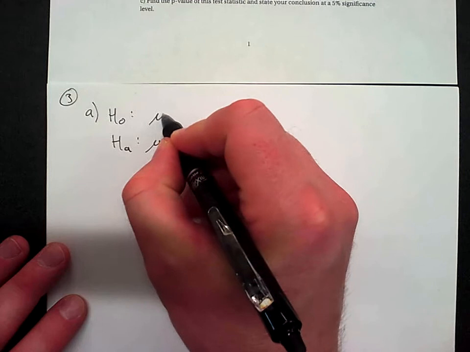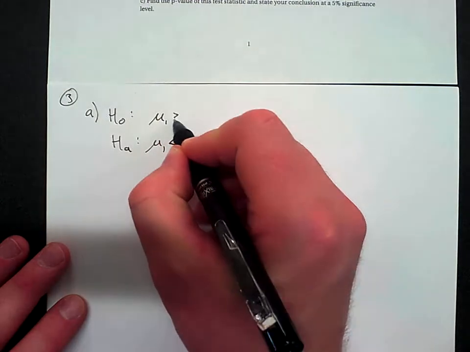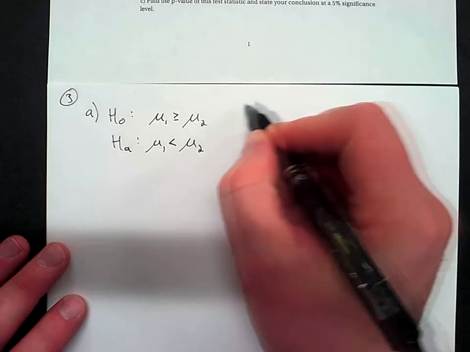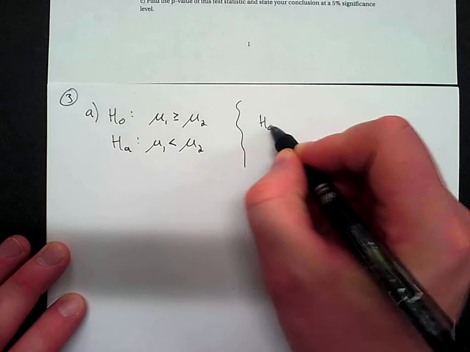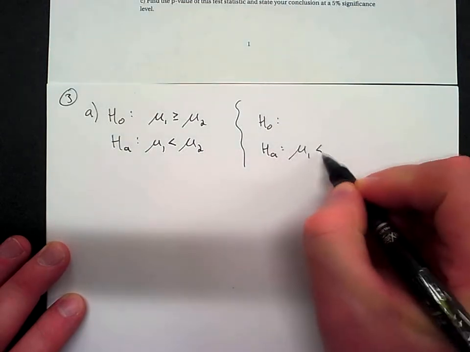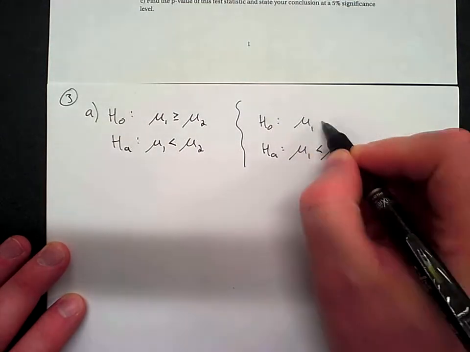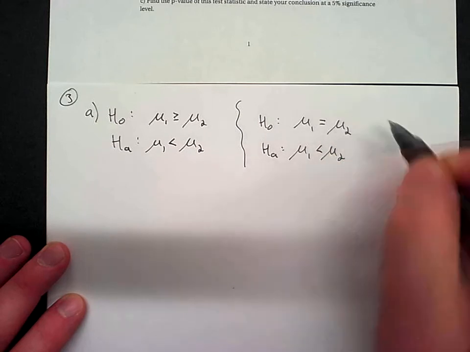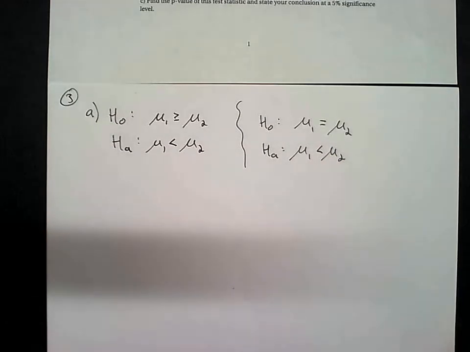So therefore our null hypothesis can either be that mu1 is greater than or equal to mu2, or again our calculations would be exactly the same if we wrote that mu1 is equal to mu2. Again, both of these would be possible answer choices on an exam, because both of these we would have the exact same calculation from, just like we had in Chapter 8.